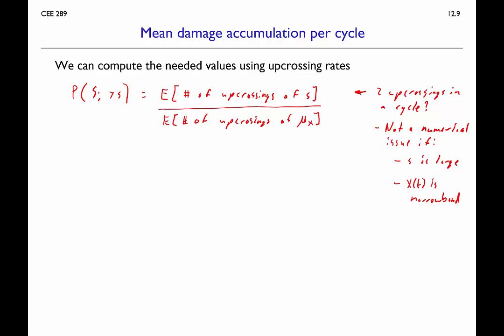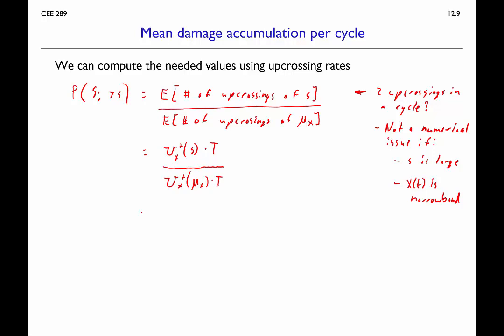Okay, so these expected numbers of crossings, we can compute those as crossing rates. The numerator is going to be the rate of up crossings of S multiplied by T, the time interval that we're studying here. And the denominator is going to be the rate of up crossings of the mean, also multiplied by that time interval.